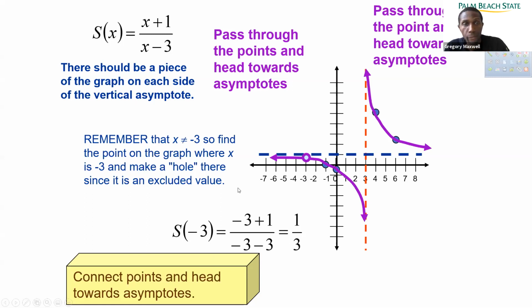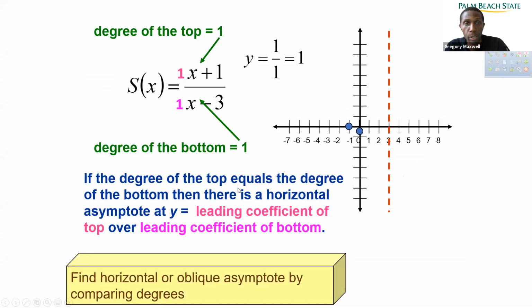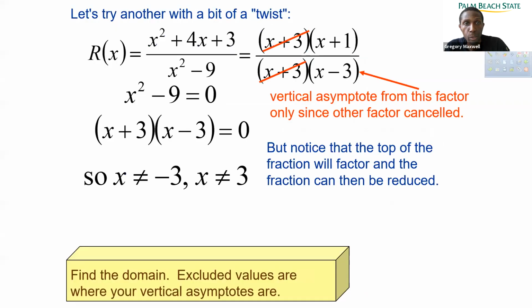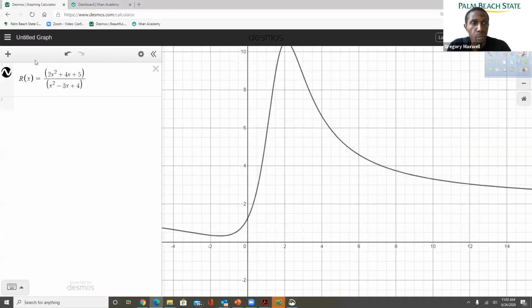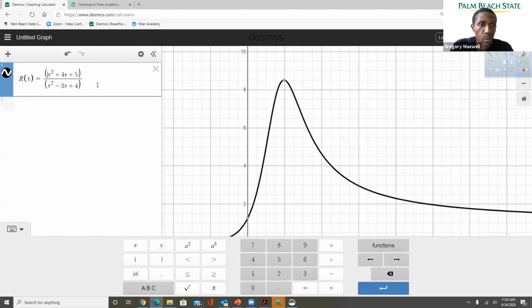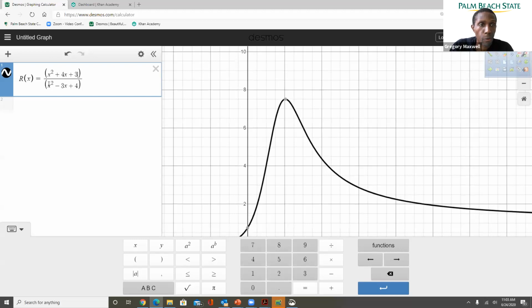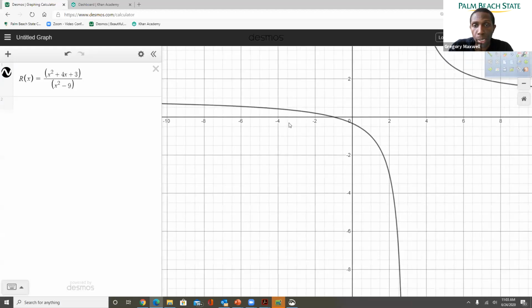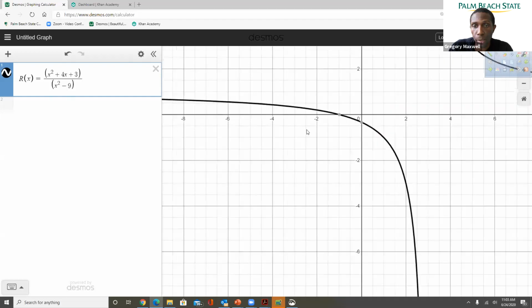Let's take a look at what the graph looks like on GeoGebra. So I'm going to go back to the original function. x squared plus 4x plus 3 over x squared minus 9. Now, if you notice here, when I plug in negative 3, let me zoom in a bit.